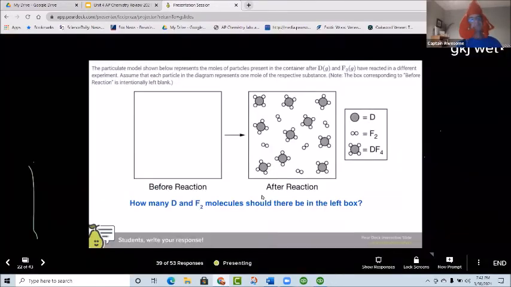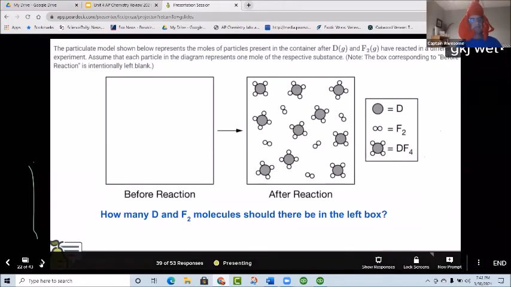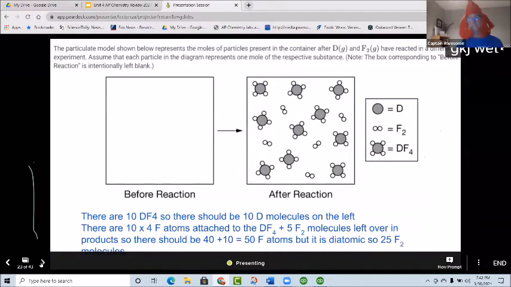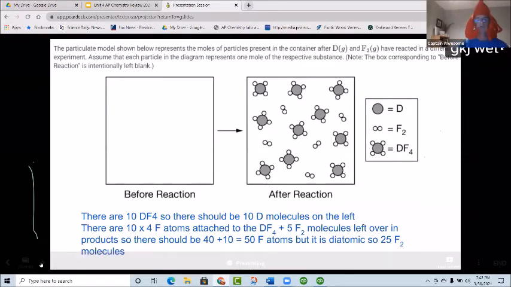All right. So this is how you would work this problem, right? There are 10 DF4 molecules on the right-hand side. Add them up, 1, 2, 3, 4, 5, 6, 7, 8, 9, 10, which means there had to be 10 D molecules on the left-hand side. And then there are 4 fluorines attached to each DF4, so 10 times 4 is 40 of them over there.